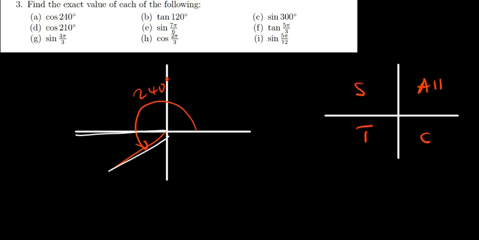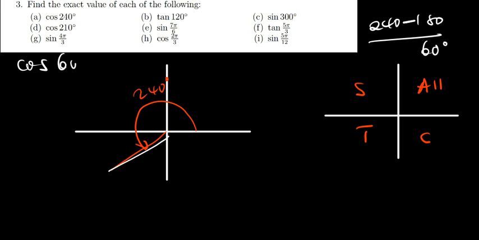So for me to find this angle here, I have to say 240 minus 180. 240 minus 180, that's going to give me 60. So 60 degrees. Now I'm trying to find what cos 60 degrees is.